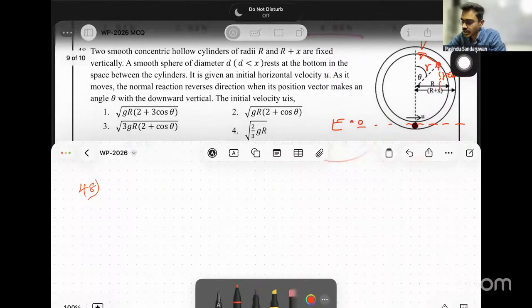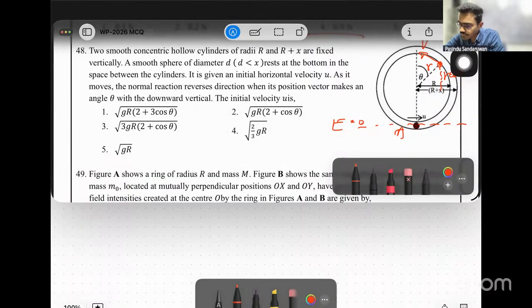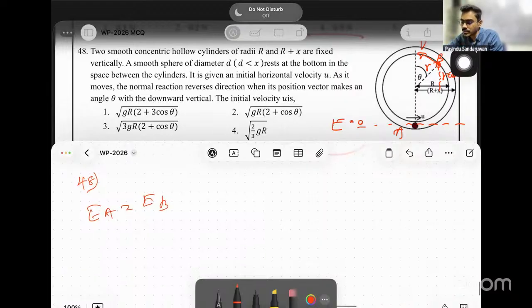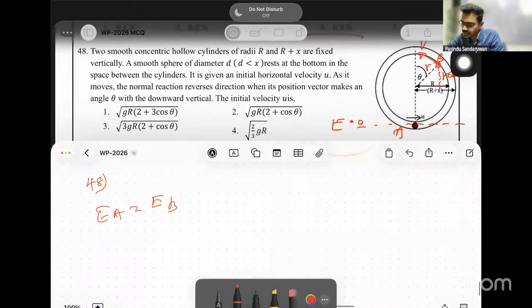apply energy. Say this point is A and this point is B. Then total energy at A equals total energy at B. At A, no potential energy, but there's a kinetic energy half m u squared.